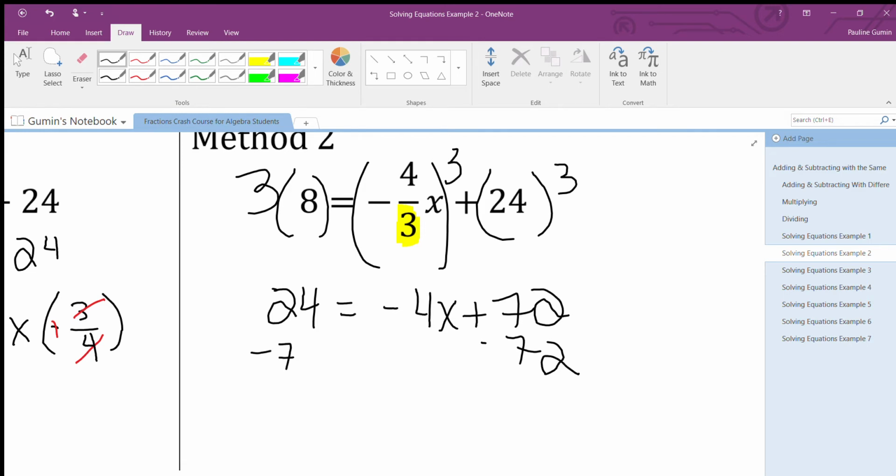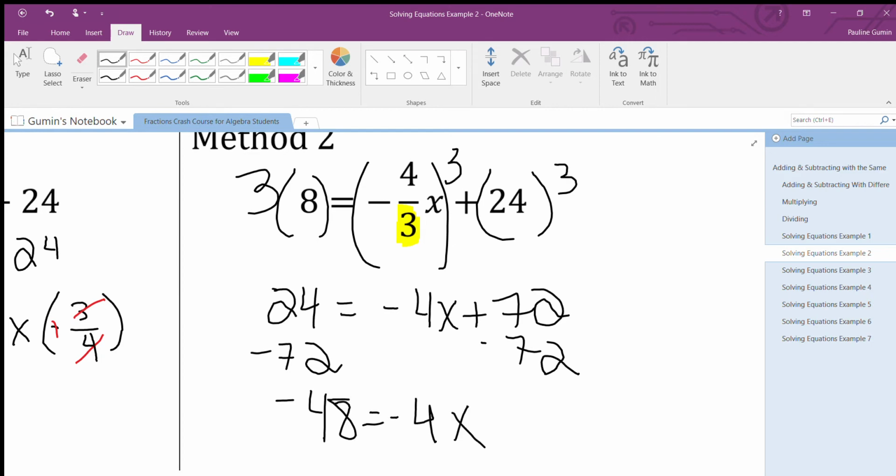Let's solve that. 24 minus 72. I think it's negative 48, but let me double check. It is negative 48.